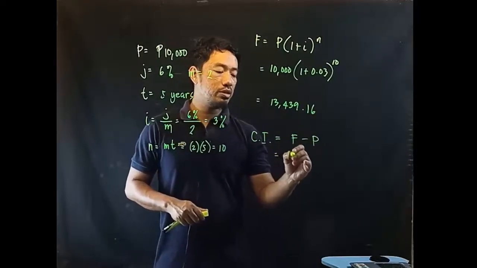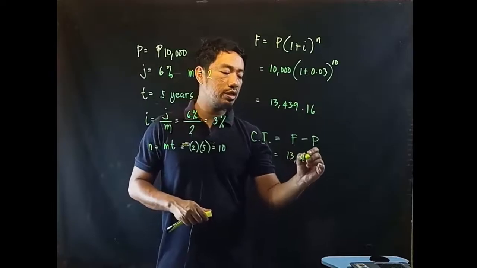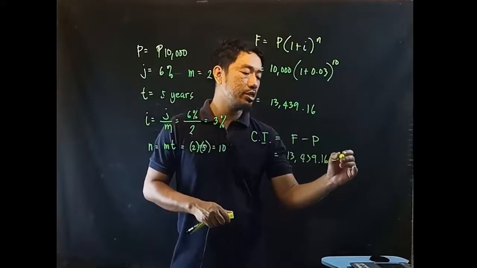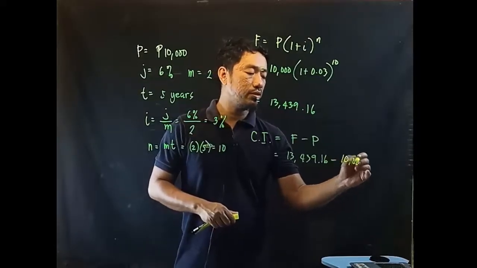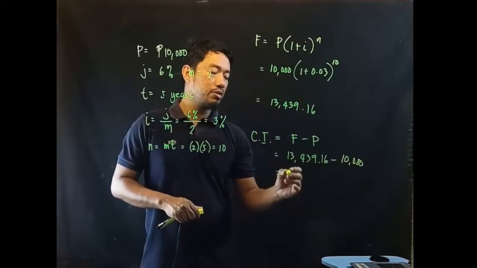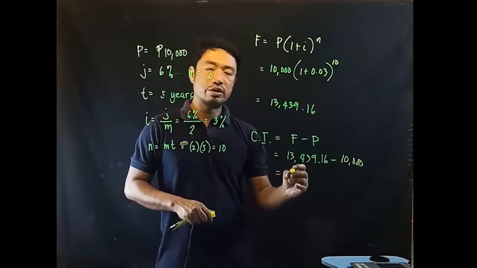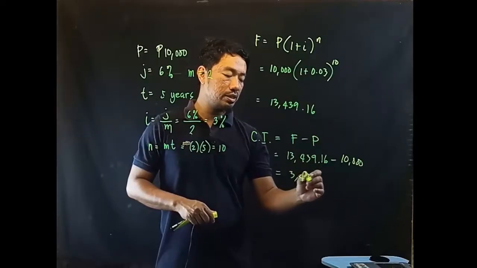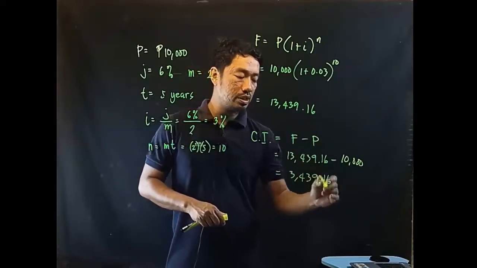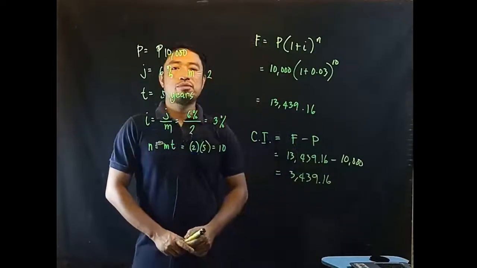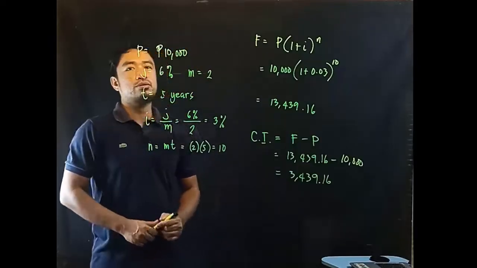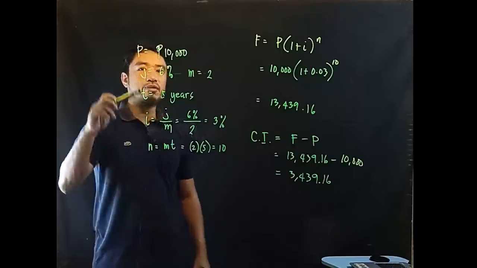So the final amount is 13,439.16 minus the original amount of 10,000. So the compound interest over a period of 5 years is 3,439.16.